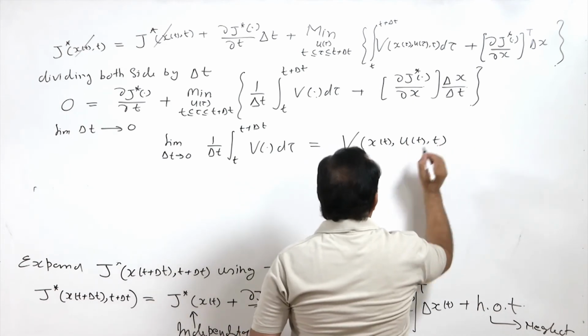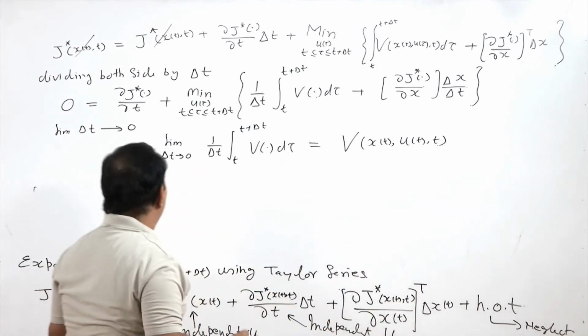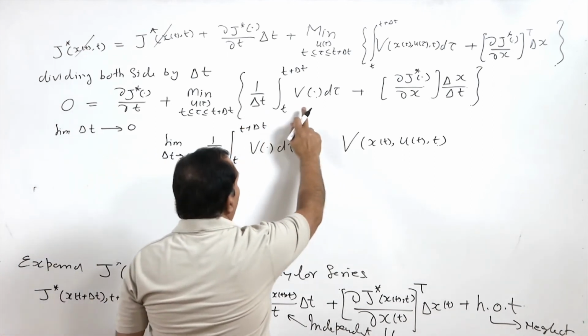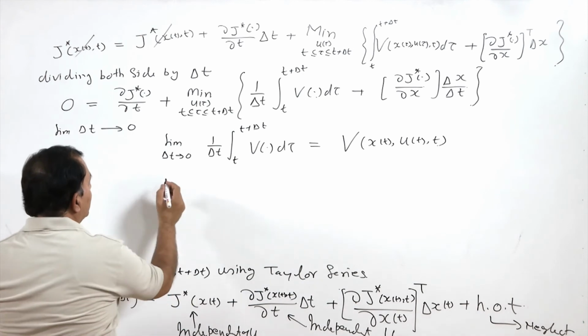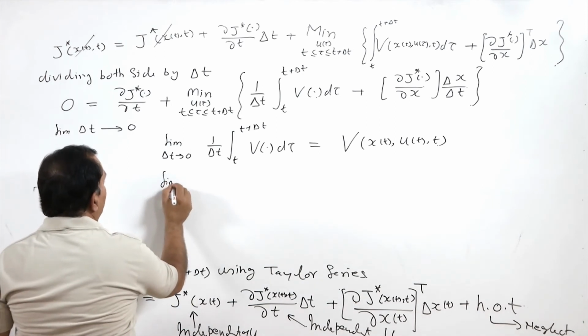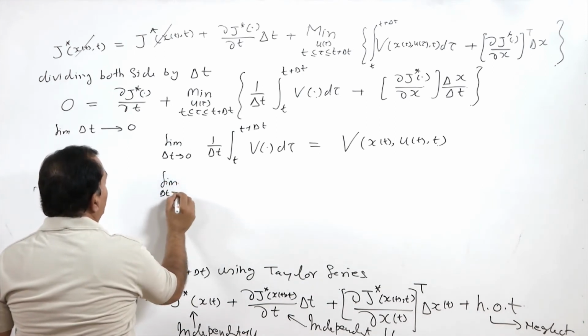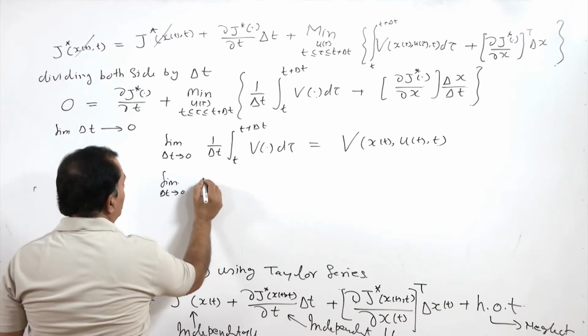We can write this as 1 by delta t integral v dot, with the limit delta t tends to 0.